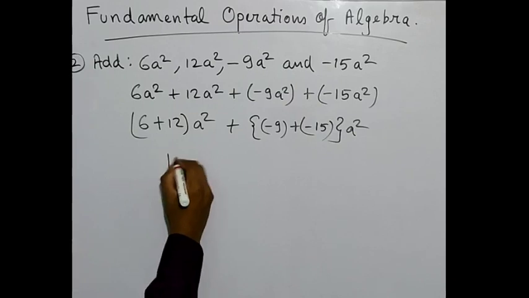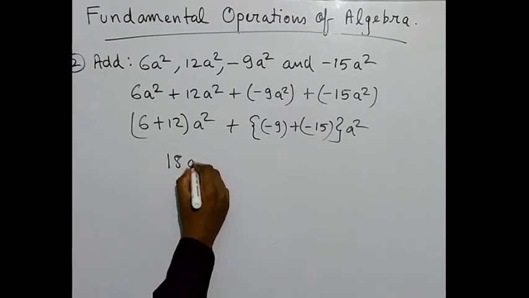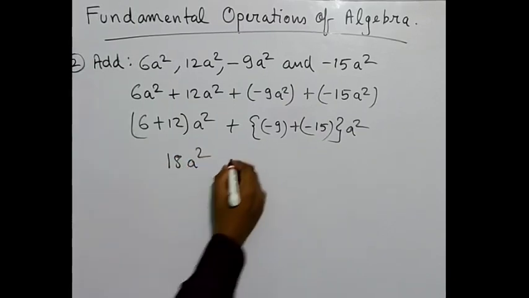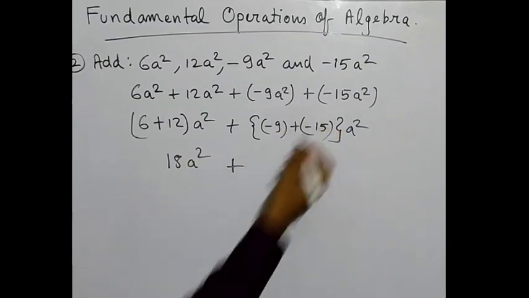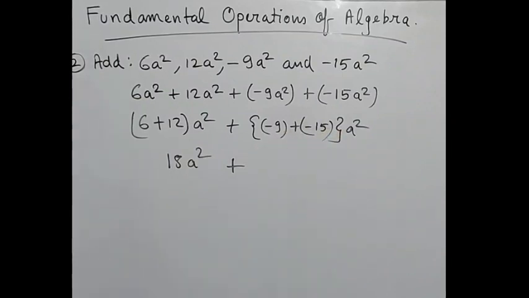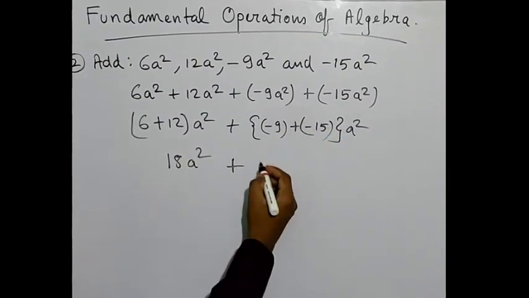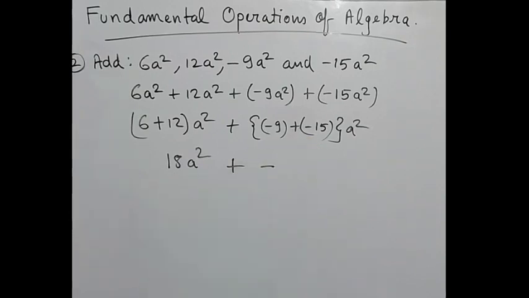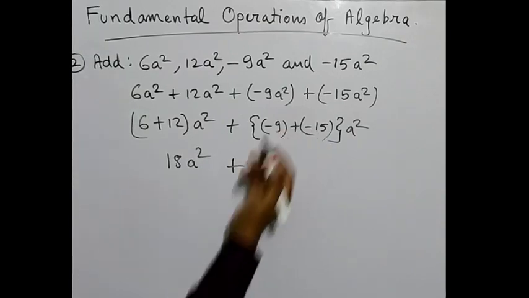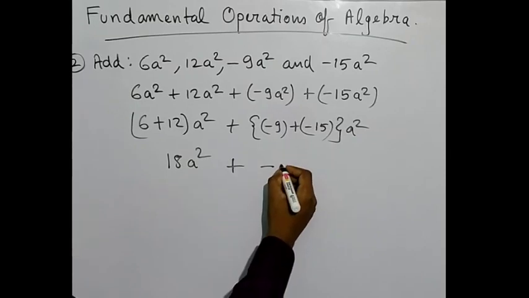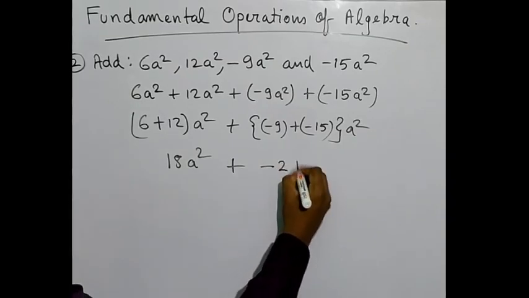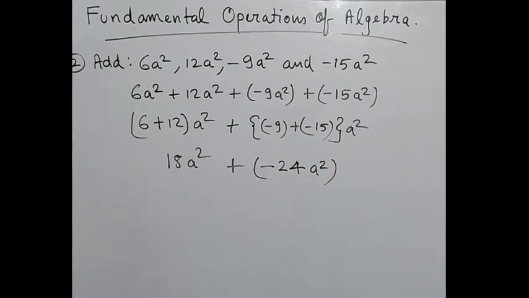Now 6 plus 12 gives you 18 a square, plus negative 9 and negative 15. Now with the same sign, negative will be the common sign, and we'll add them. 15 plus 9 will give you 24 a square.